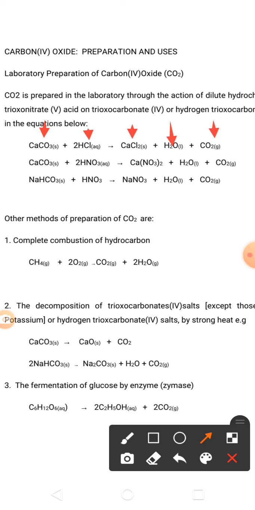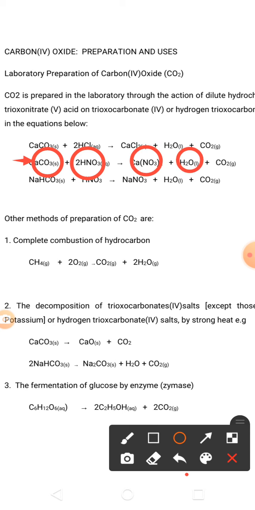In the second one, dilute HNO3 reacting with calcium carbonate gives you calcium nitrate, liquid water, and carbon dioxide.